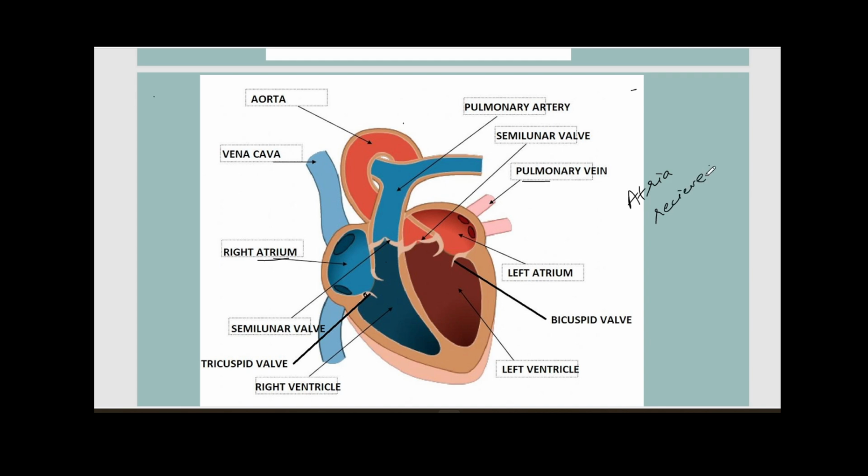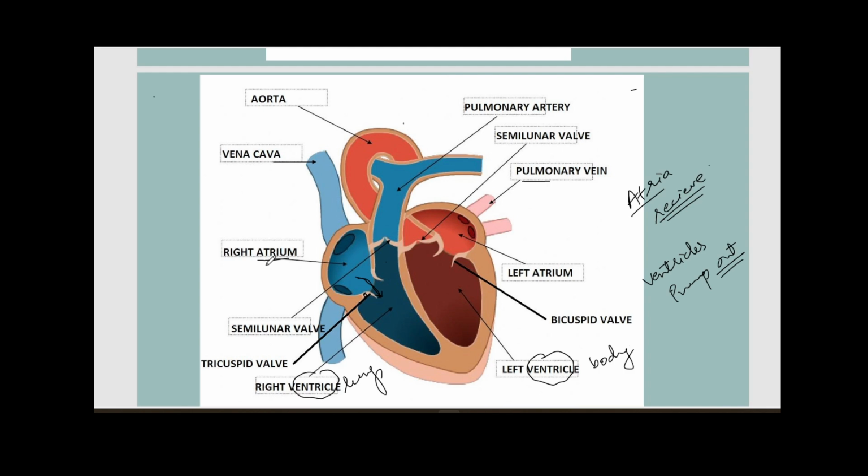So they just receive the blood and they have to push the blood to the ventricle, which is right below it. So mostly atria are the receiving chambers and ventricles are the pumping chambers. They need to pump the blood out of the heart. The right ventricle will pump the blood to the lungs and the left ventricle will pump the blood to the whole body.